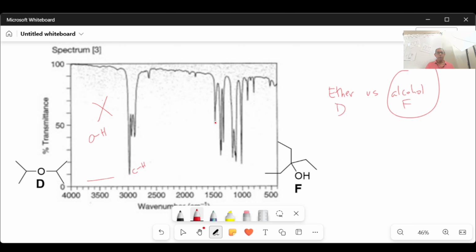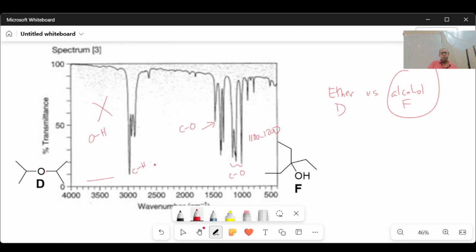Actually, you could see this stretching frequency, which I believe would correspond to a carbon-oxygen bond, and also these are characteristics of carbon-oxygen at 1100, I would say to 1200, usually the carbon-oxygen.